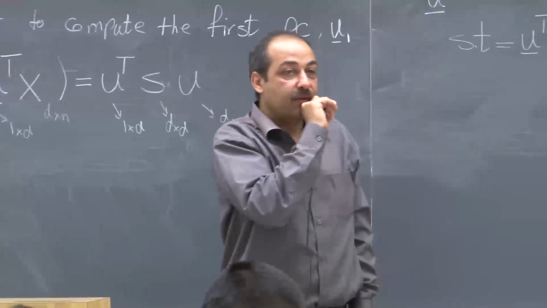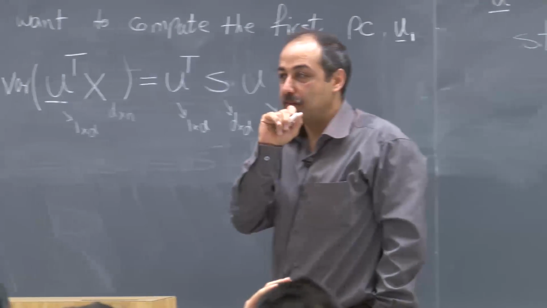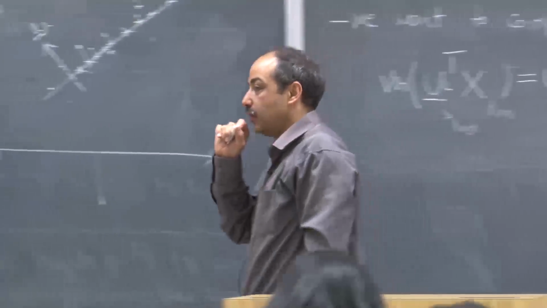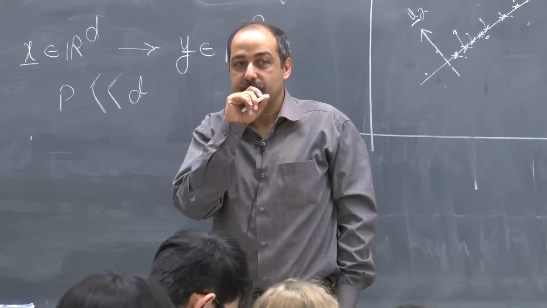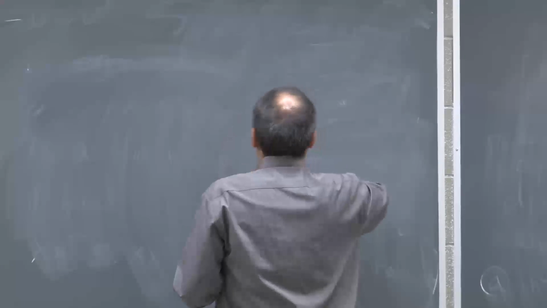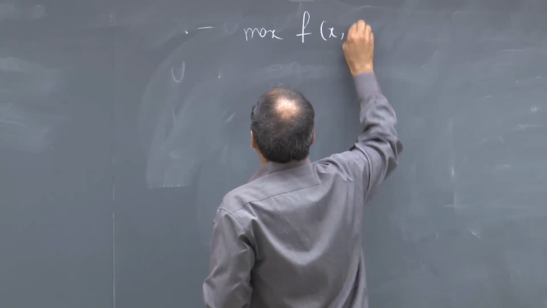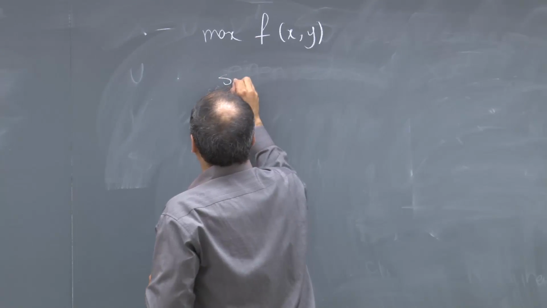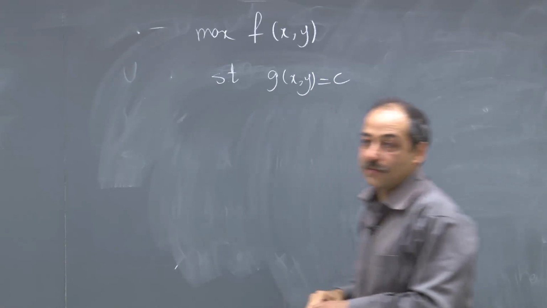Okay, now how can I approach this problem? I have a constrained optimization problem. Maximize an objective function subject to a constraint. In general, how do you approach this problem? Maximize f(x,y) subject to the constraint that g(x,y) is a constant, for example.